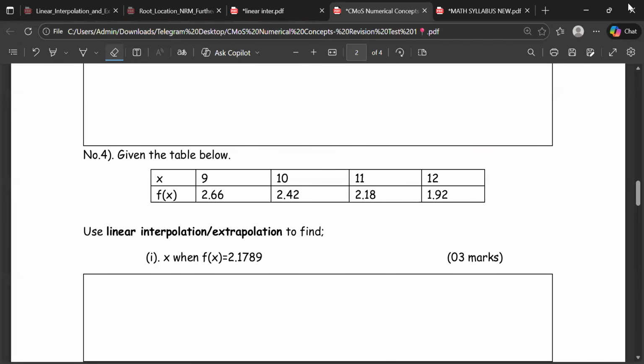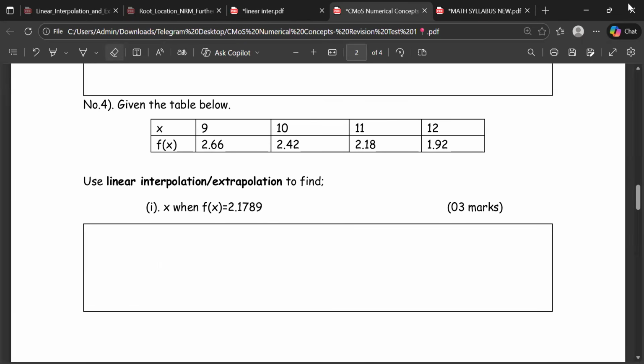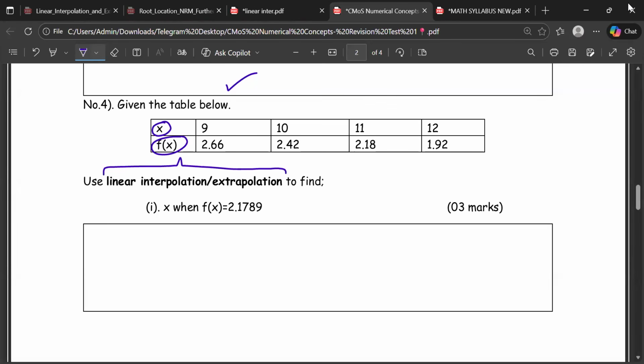Yeah. So let me show you how these questions come. That's how questions come. That's why they always look like this. They will tell you, given the table below, as you can see. Then they will give you the first row with values of x, then the second row with values of f of x or y. Then they will tell you use linear interpolation or extrapolation. They will not tell you which one to use unless you're using the same for both Romans.